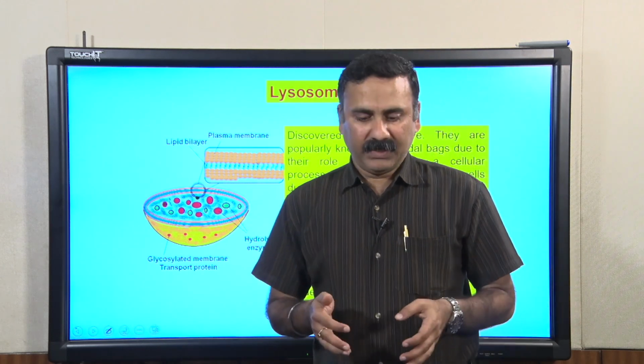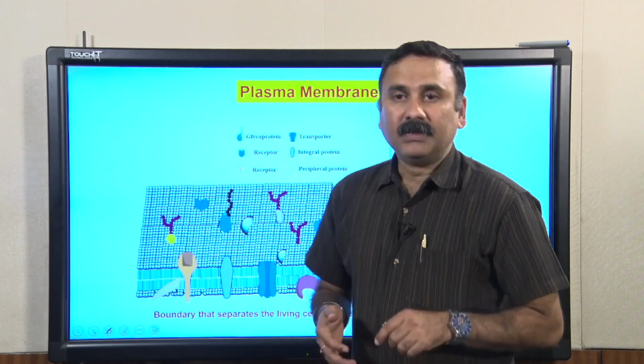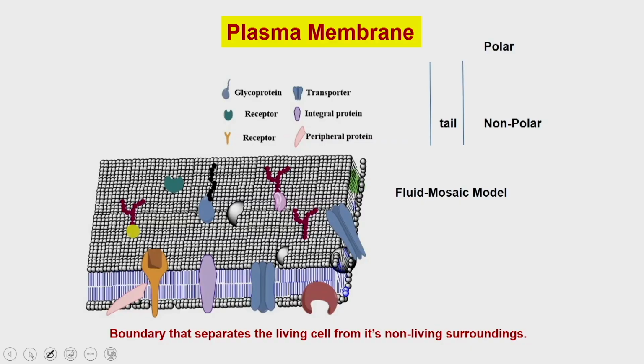So, the plasma membrane is actually the only boundary, and it defines the boundary which separates the living cell from the non-living surroundings.